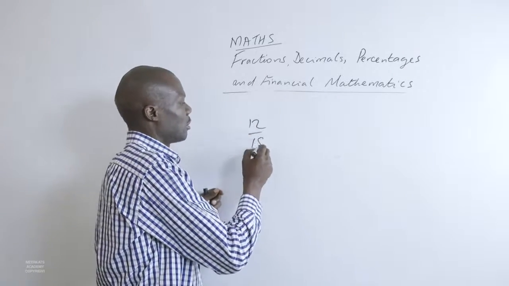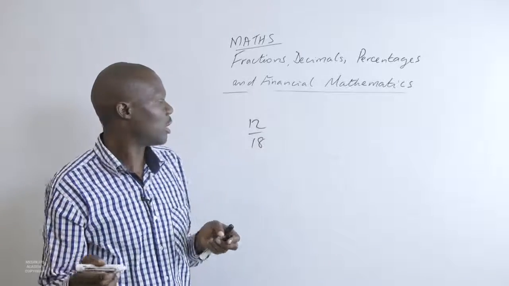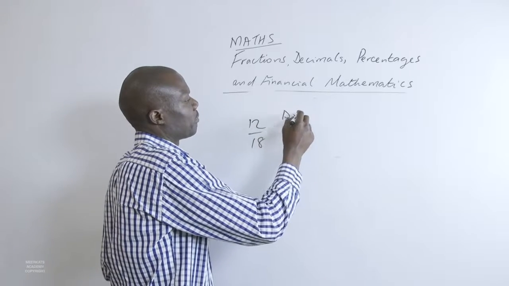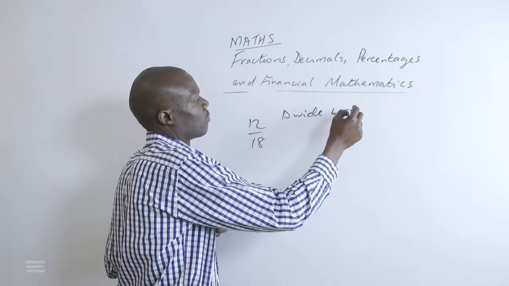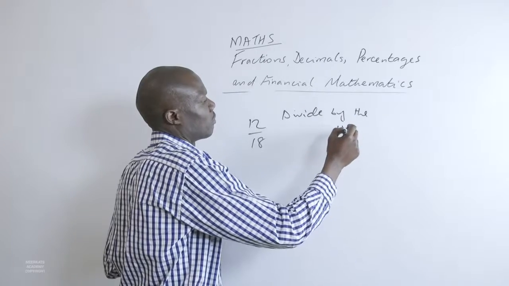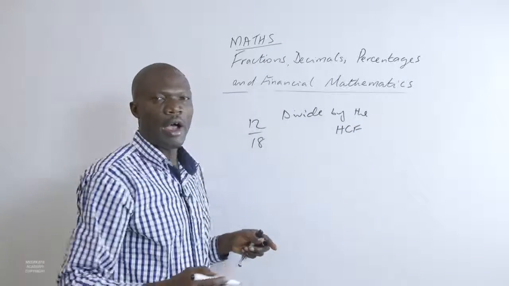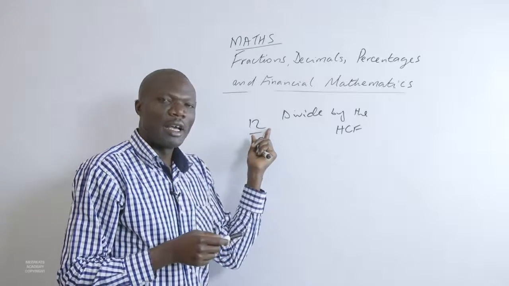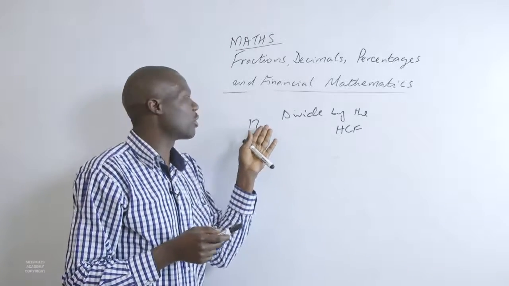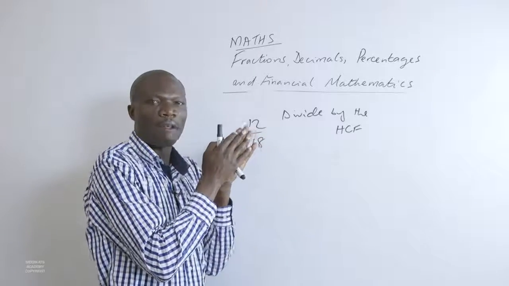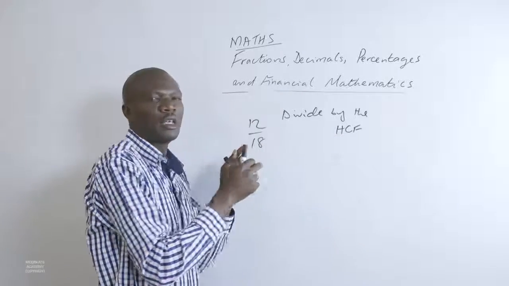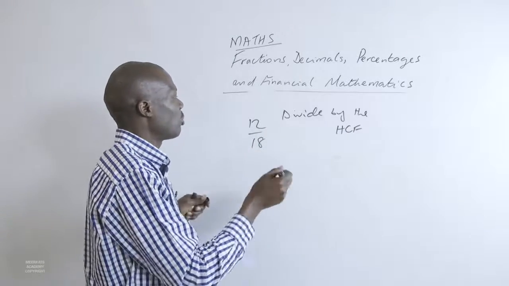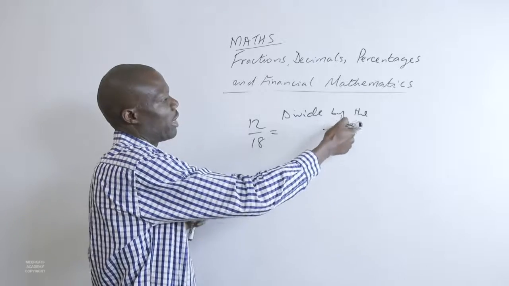This can also be obtained when we divide by the highest common factor. The highest common factor is that factor which is the highest, and it's common enough to divide both the numerator and the denominator. So that is what we mean when we say divide by the highest common factor.